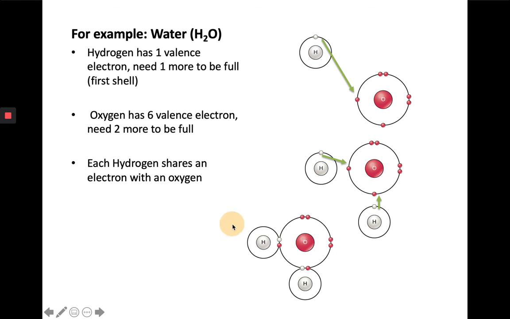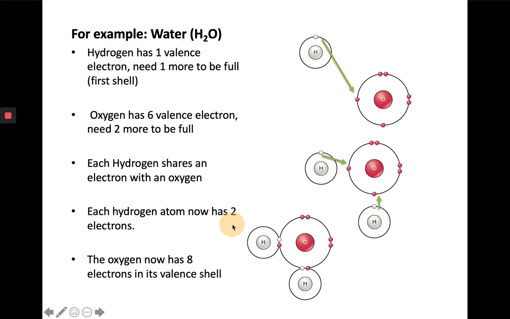What happens is our hydrogen has 2 electrons in its outer shell, so it's happy. Our other hydrogen has 2 electrons in its outer shell, so it's happy. And our oxygen has gained the 2 electrons that are needed to have 8 electrons in its outer shell, so it is also happy.